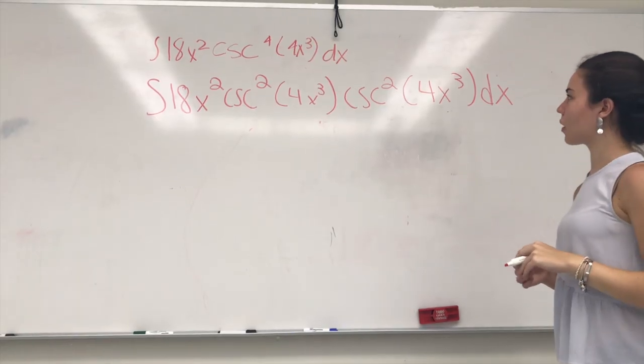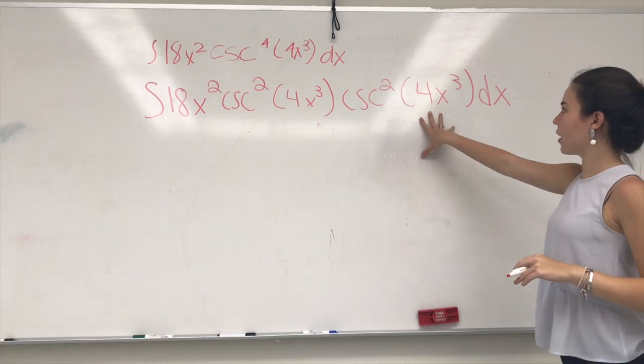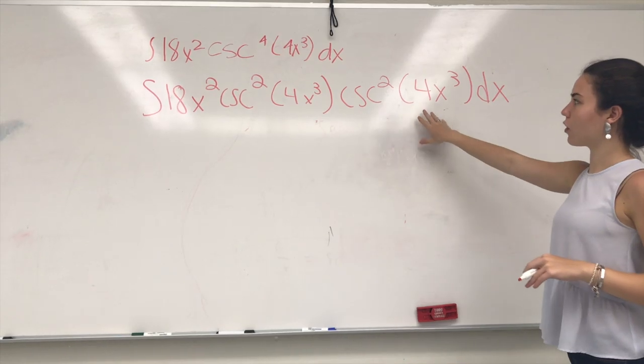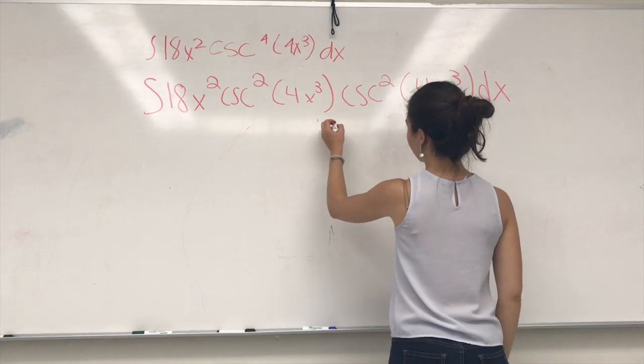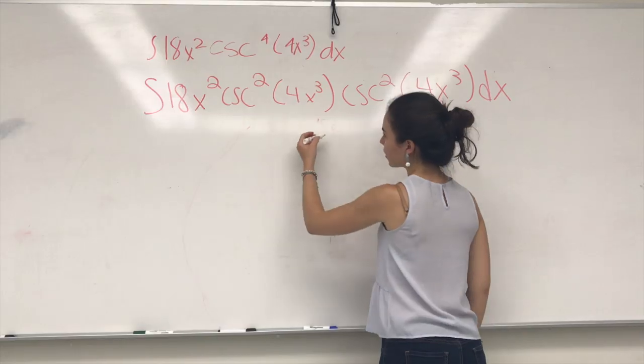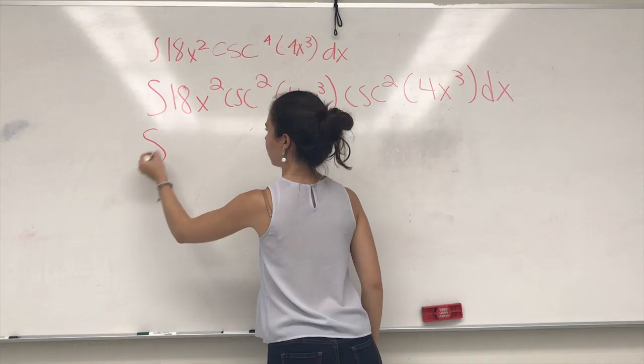The next thing you have to do is replace cosecant squared with the trigonometric identity, which will be 1 plus cot squared of x, so it will look like this.